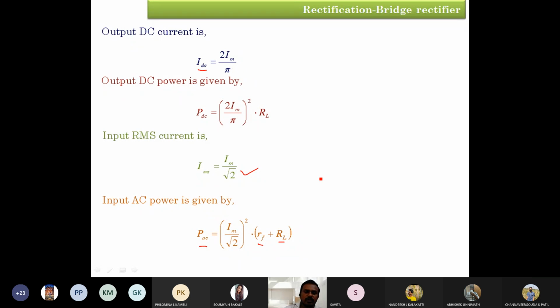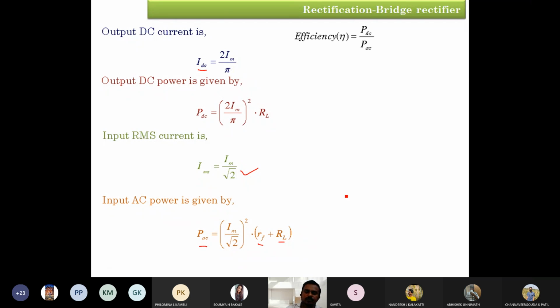While current is passing through these components, obviously the diode has a resistance RF, and the load resistor RL, and these are summed up because we are going to use the series connection of diode and load resistor RL. Thus, both resistances are added up. So it is RF plus RL, the total input resistance, into the current at the input side, that is Im by square root of 2 whole square.